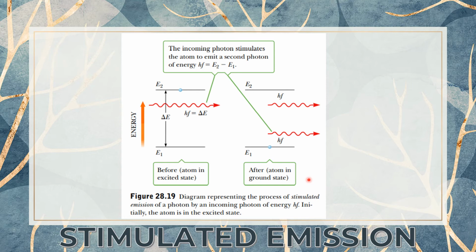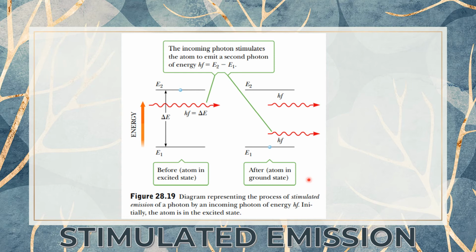So the stimulated photon will have the same frequency, direction, phase, and electromagnetic polarization as the incoming photon which initiated the process. It also occurs when a photon with energy equal to the energy gap interacts with the electron.